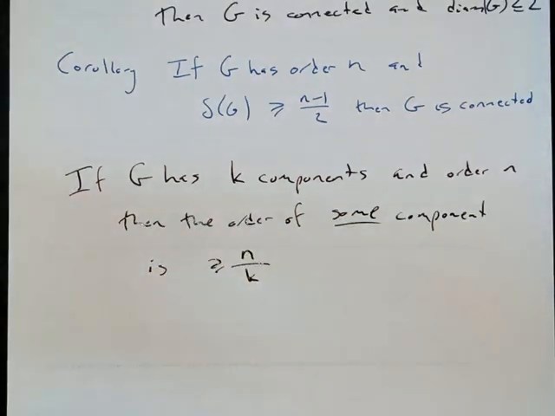That's the generalized pigeonhole principle. At the very worst, you have each one vertex being isolated from the rest of them, then you have n components, each of order 1 and size 0.